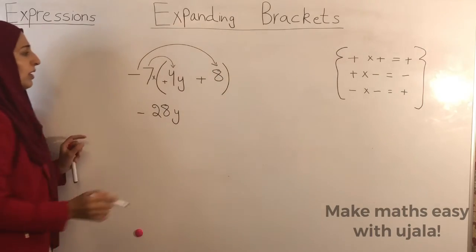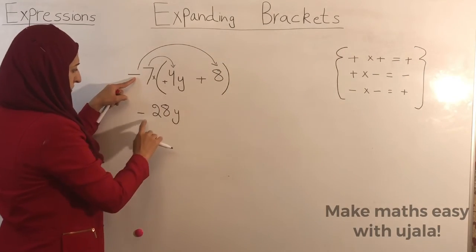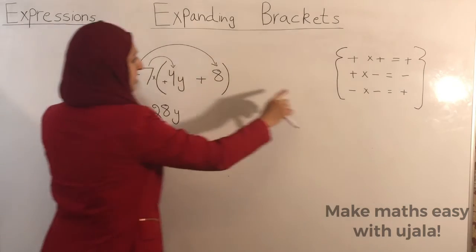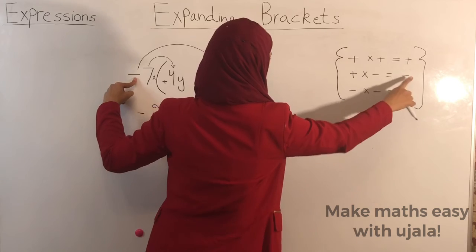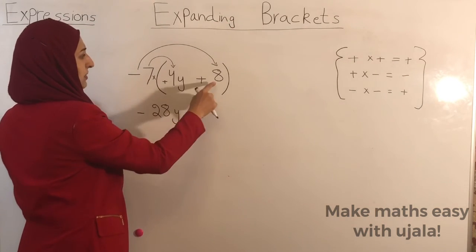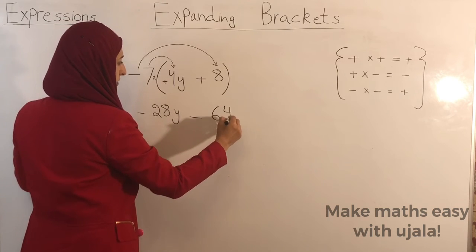So this term is multiplying now with this one. I've told you that when there is a minus sign outside, all the signs will change. So the first sign is changed, now it's the second sign. Plus minus, the rule is plus times minus is equal to minus. And 7 times 8, 56.